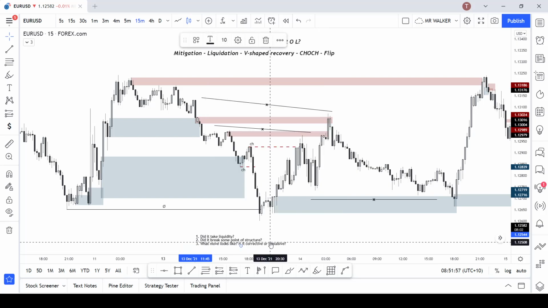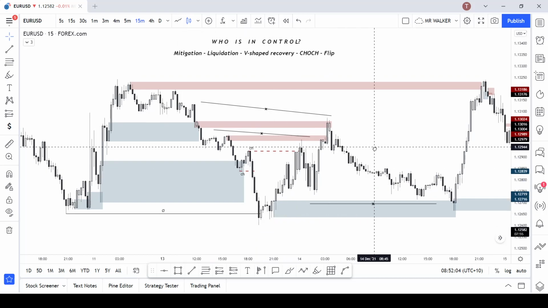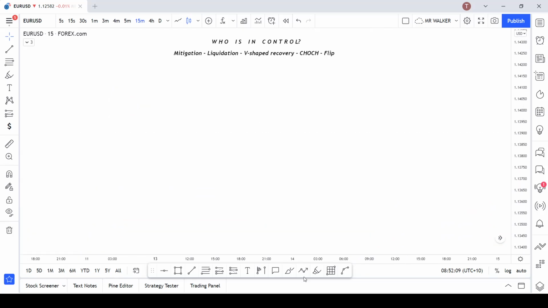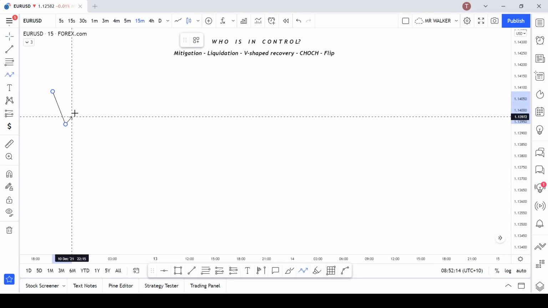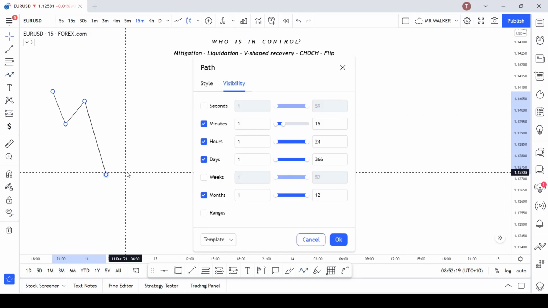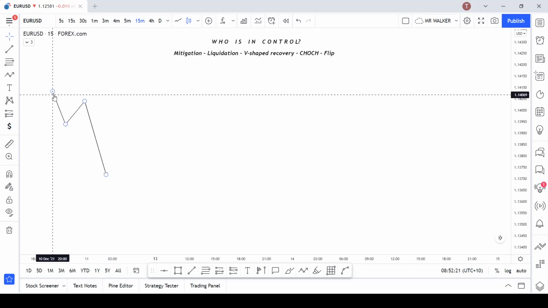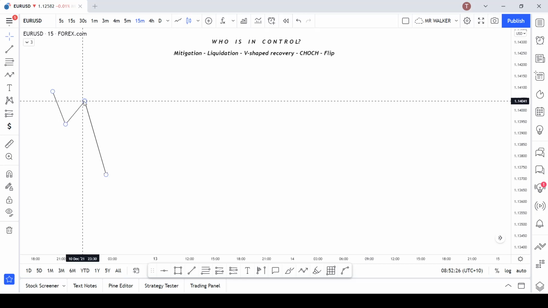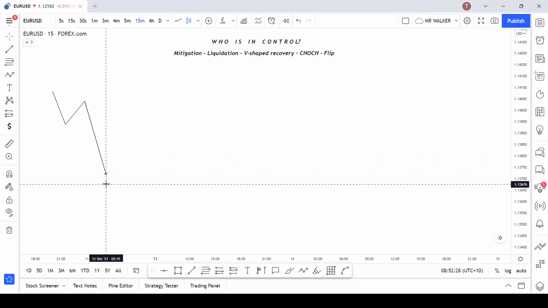Okay, so I think we may as well delete it. So now the next point which I wanted to talk about is order blocks that look like this. We have this movement to the downside, then a little retracement back, and then an impulsive continuation to the downside, right?